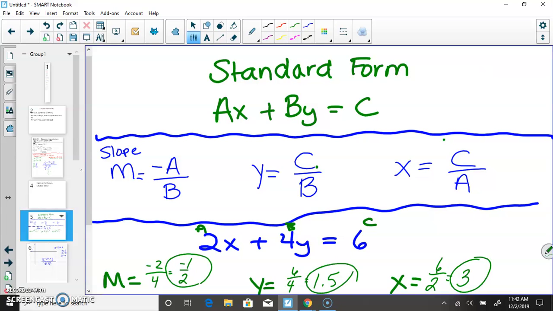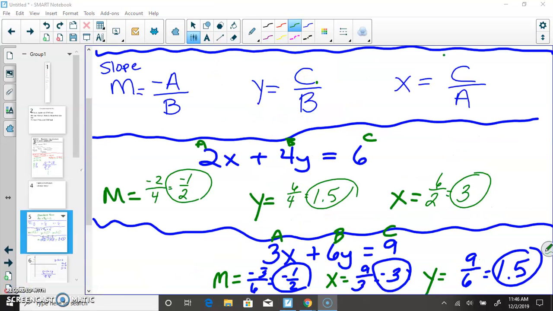M is your slope, how steep the line is. Y is where it crosses the y-axis, and x is where it crosses the x-axis. So we said to get m, you do -a divided by b. So right here, you take your 3, turn it negative, divide it by b, which is 6. -3 divided by 6 is -1/2 or -0.5. To get x, you do c divided by a.